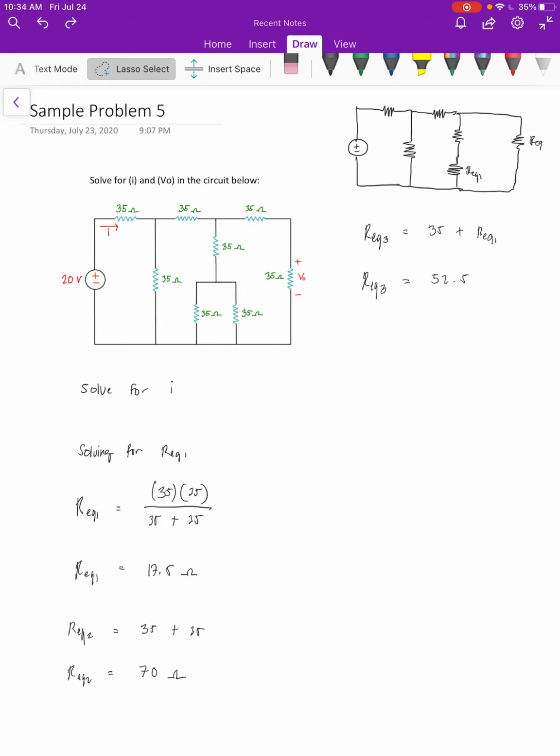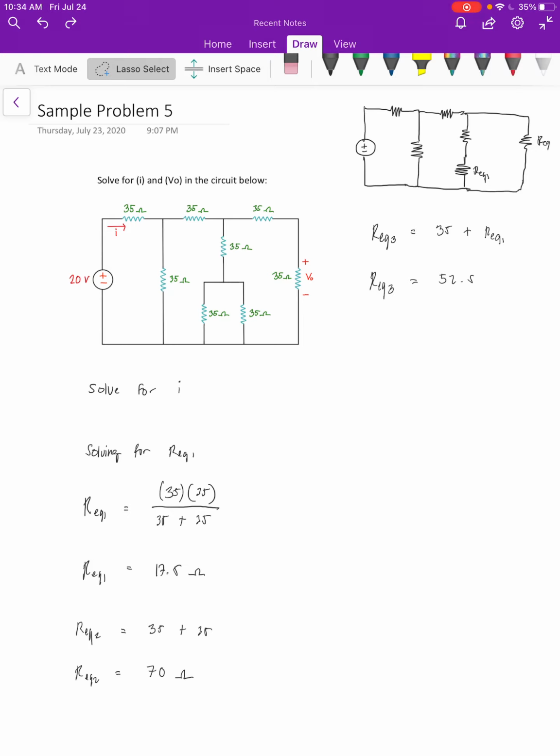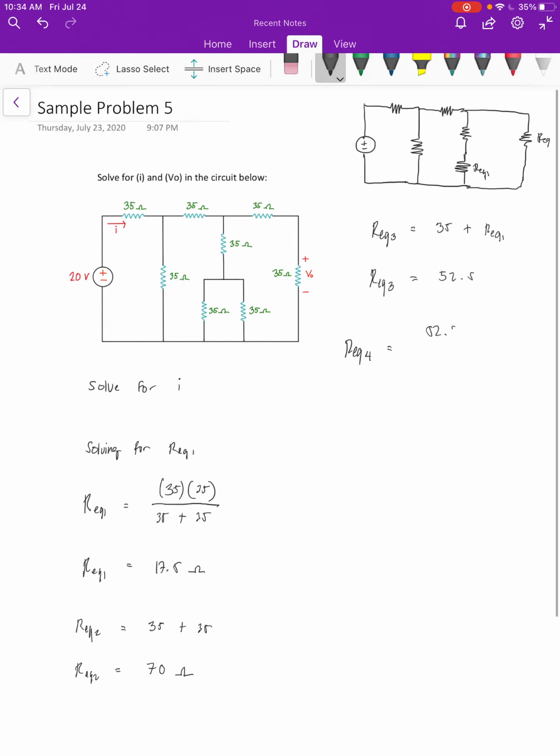What we can do next is add this resistor network here in order to simplify it. We call that resistor equivalent 4, or REQ4. REQ4 is simply a parallel sum of this resistor network right here. So we have 52.5 times REQ2, which is equal to 70 ohms.